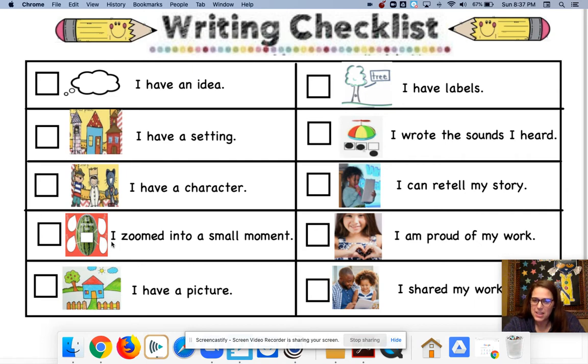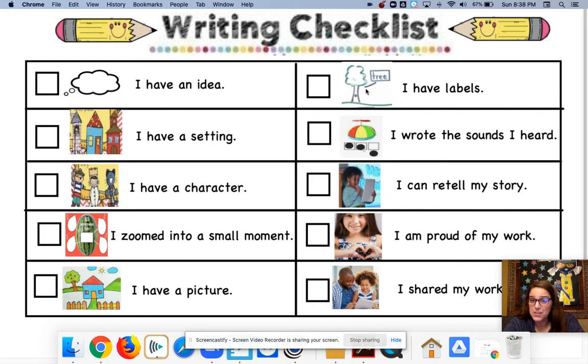This next one's a little bit tricky, but this says, I zoomed into a small moment. So I want you to think about what we learned last week. And if you zoomed into a small moment, if you gave some details about it, you can check that one off. If you have a picture, check this one off.